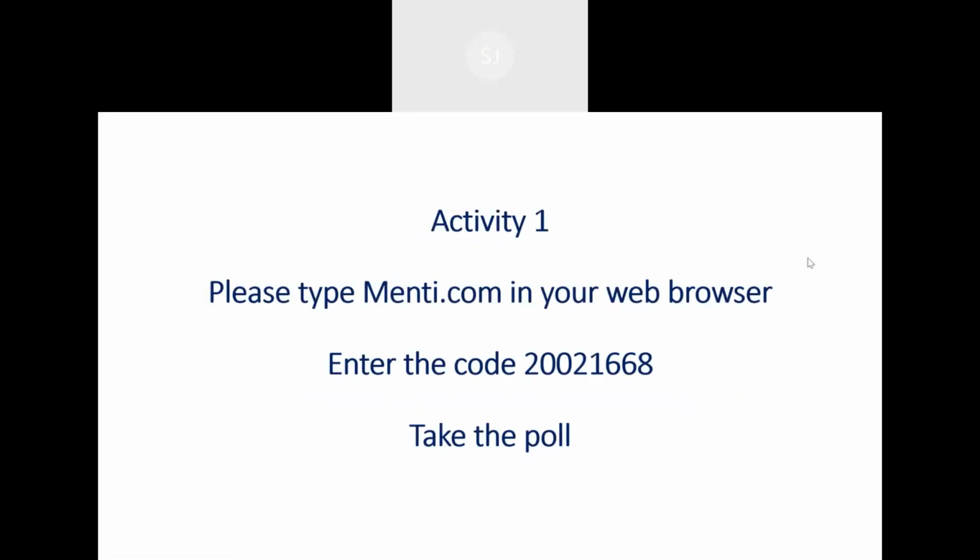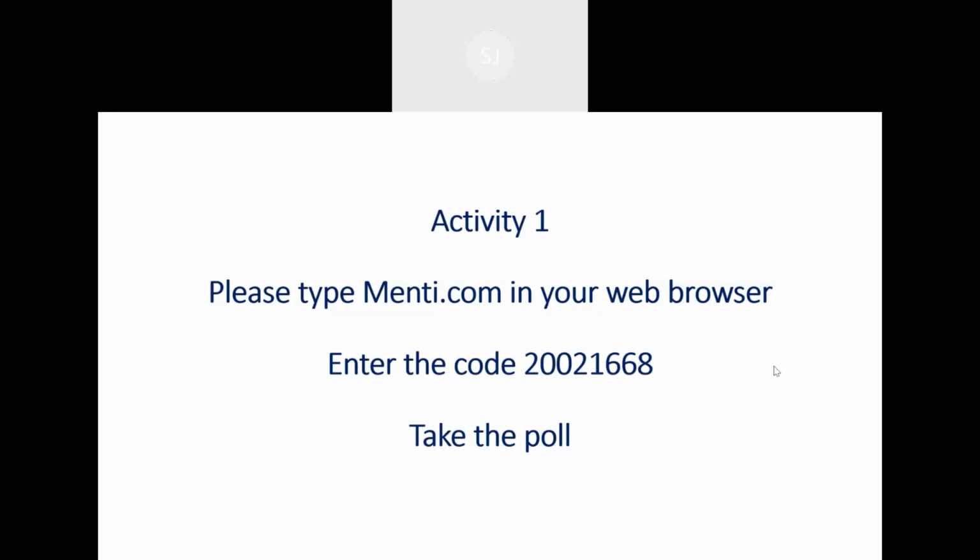Now we come to the activity part. The activity is very, very simple. All of you type menti.com in your web browser and enter the code. Please put this code 20021668, and there is a poll. Take the poll and we'll display the result. This activity is given 2 minutes from now.